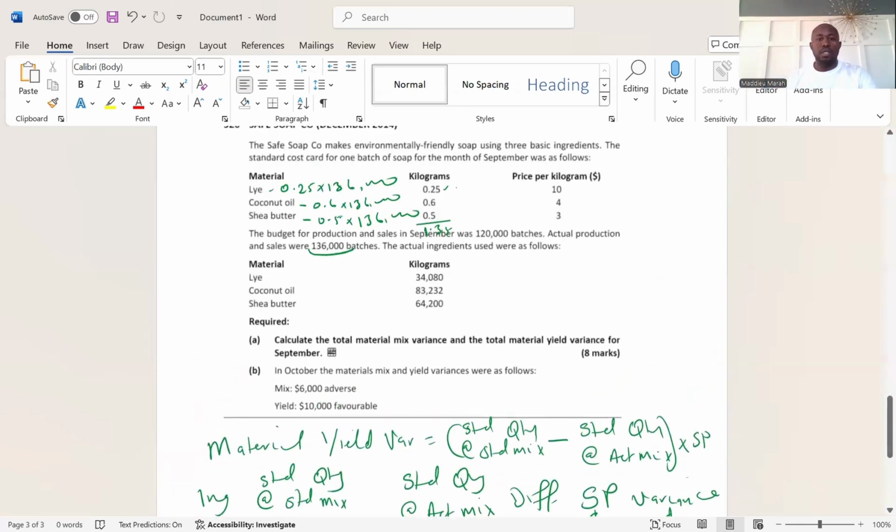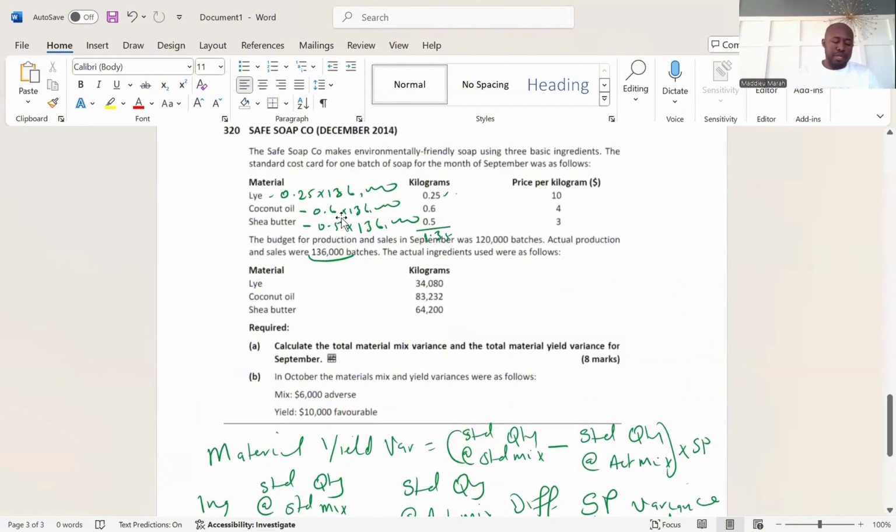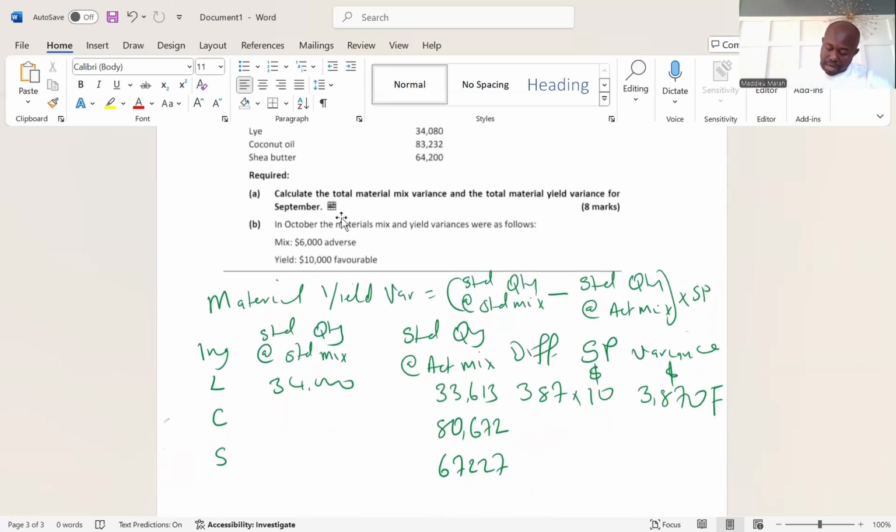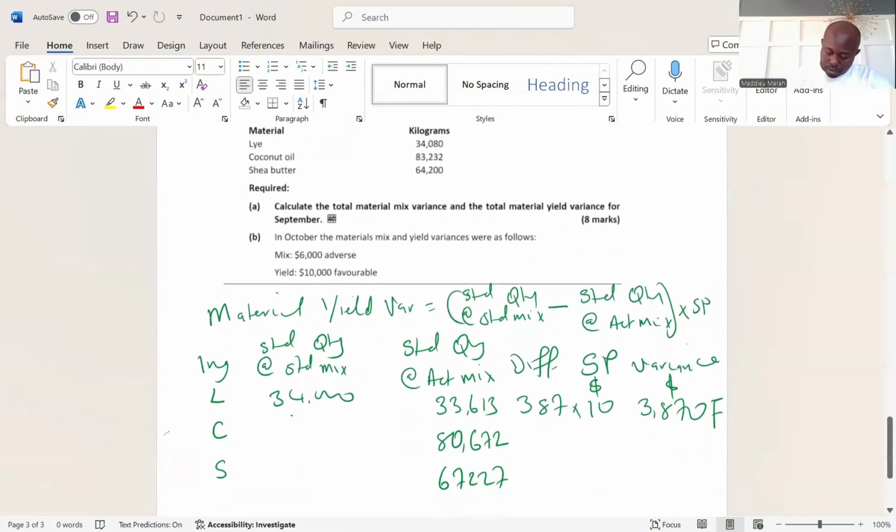Do the next one. The next one, I have 0.6 multiplied by 136,000. This gives me 81,600. So my standard quantity at standard mix, 81,600, minus 80,672.